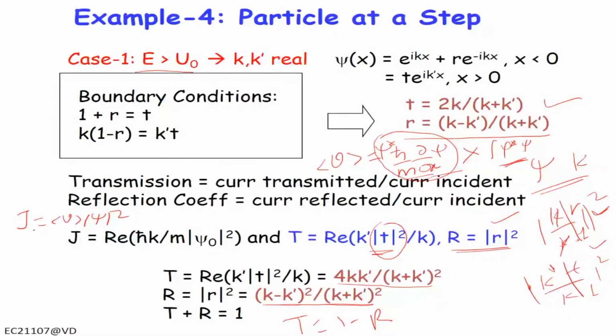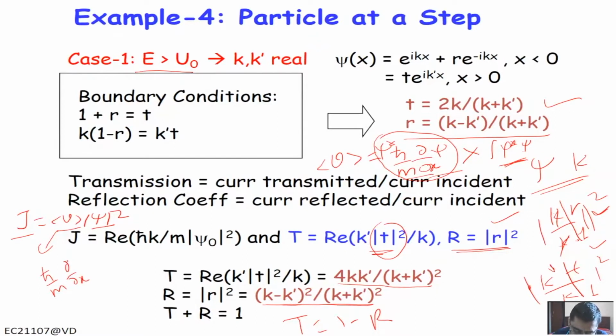Please listen carefully. Current density is velocity times charge concentration. Now velocity you can get from the momentum operator divided by m, right? So what is the operator for this one? It is h bar by m del by del x, right?